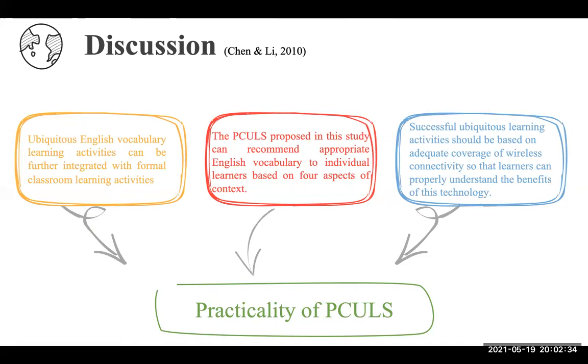Although this study examined the results of individual learners' knowledge through the proposed systems, the module can still be integrated with classroom activities. The PCOS module can recommend appropriate vocabulary for students to learn by learning location, learning time, learner spare time, and vocabulary learning ability.